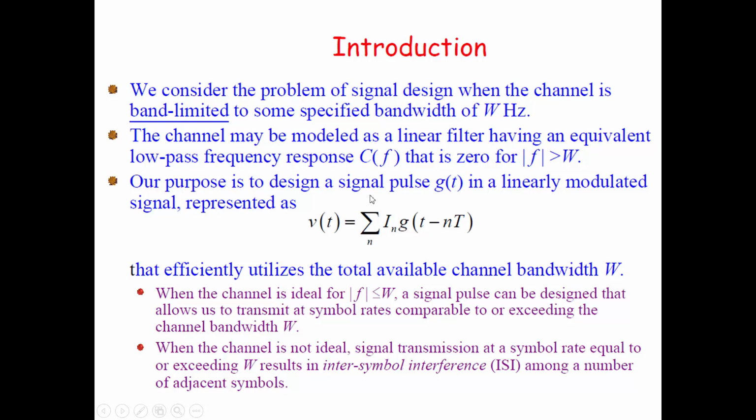Our purpose is to design a signal pulse g(t). So that's what I was talking about: we have to design the shape of this pulse g(t), which will represent ones and zeros. Now, the ones and zeros will be modulated onto this pulse in a linearly modulated signal. Now, v(t) is the signal which comes from when these bits are modulated onto this signal pulse.